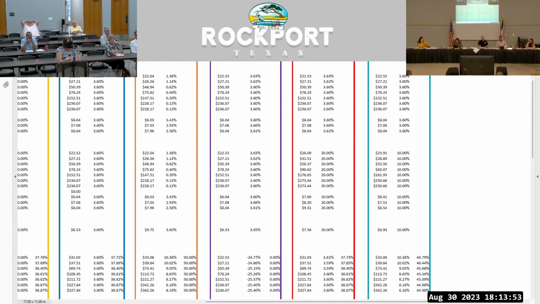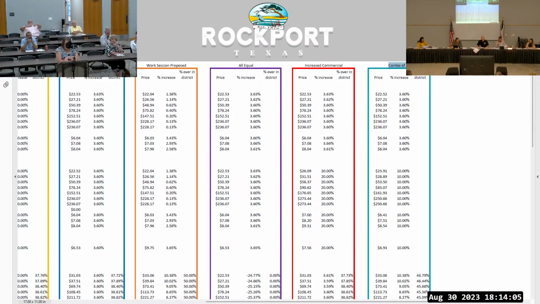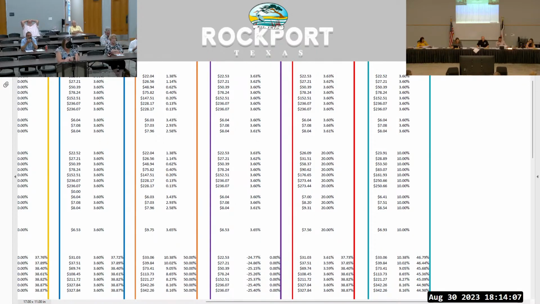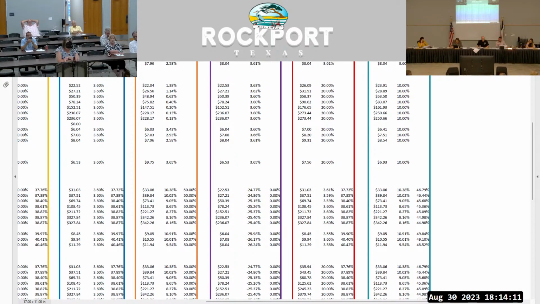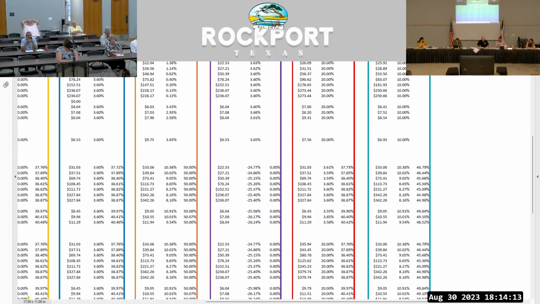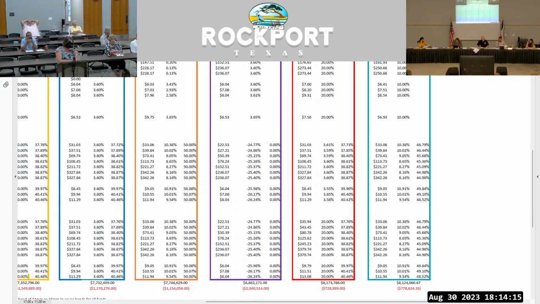So you want to leave the difference between in and out, and then just increase the commercial. You already have that one. If you look at the red box, increase commercial, yes, ma'am, it does increase out of city 40%, in the city 16%, and the commercial up 40%. So, I mean, we can toy with that.